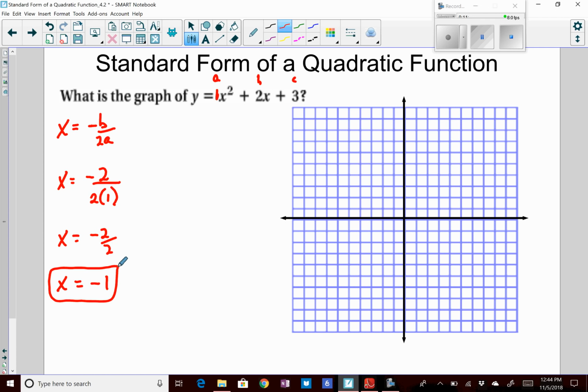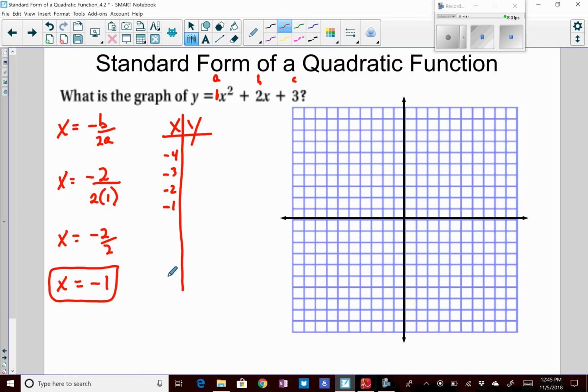Once we have that, the next thing we want to do is set up a table of values for x and y. So take the outcome of the calculation you just did, which is negative 1 in this case, and put it in the middle of the table. Up here we want 3 consecutive integers less than negative 1. So that would be negative 2, negative 3, and negative 4.